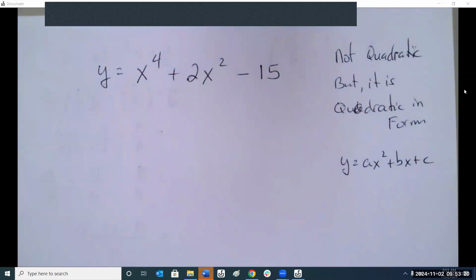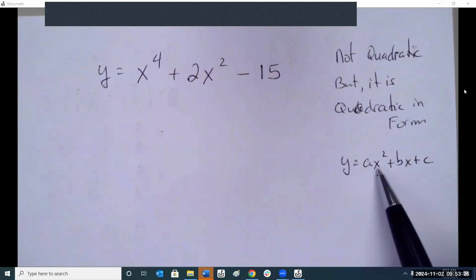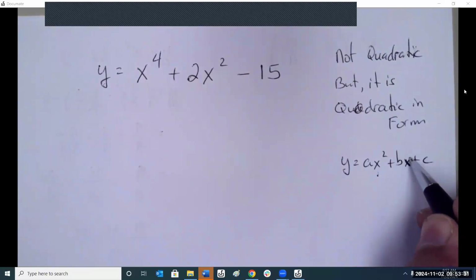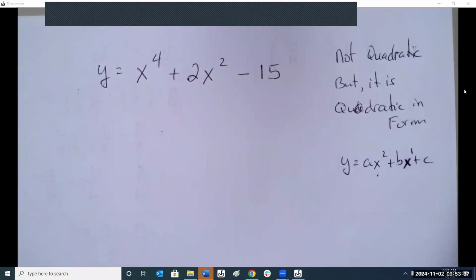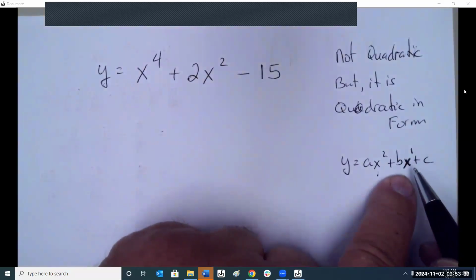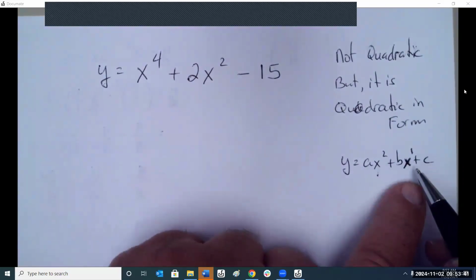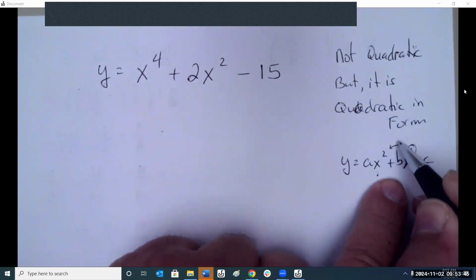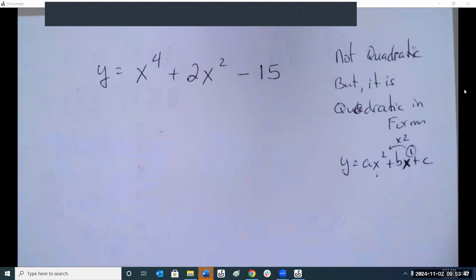Let's look at what quadratic in form means. To be quadratic, this is it, right? The middle term, what is the power of x there? 1. So if I have 3 terms, whatever the power of the middle term, if I multiply it by 2, do I get the first power?